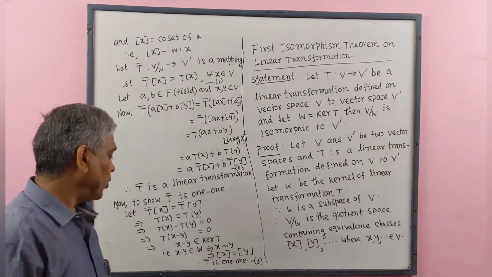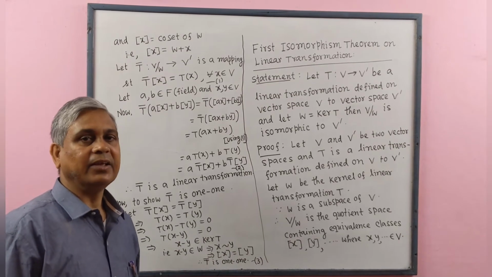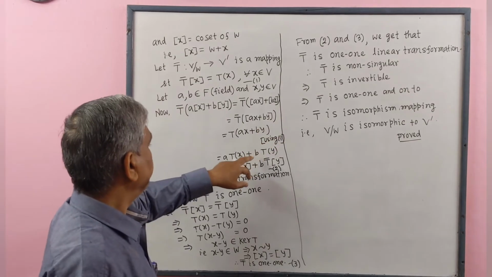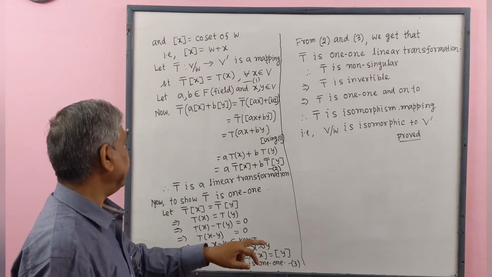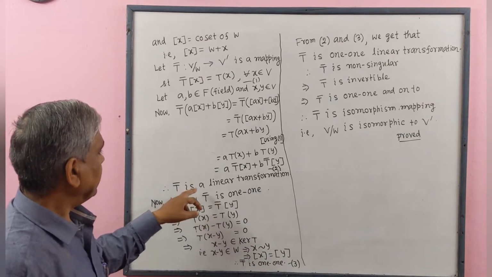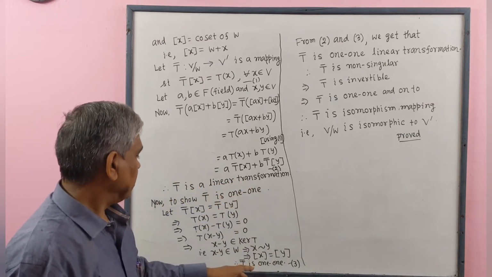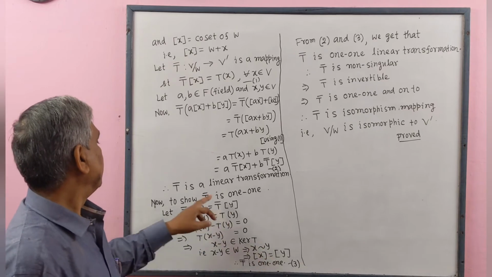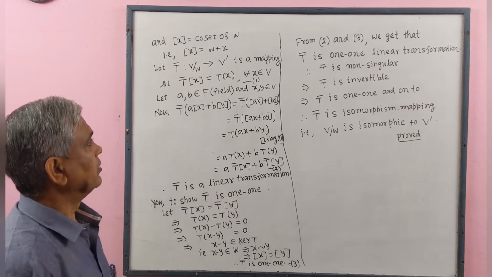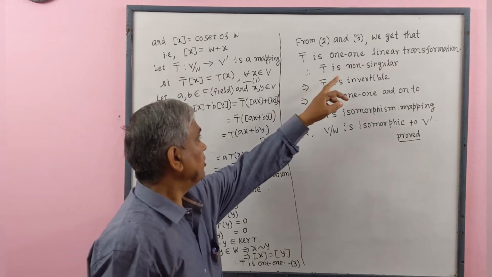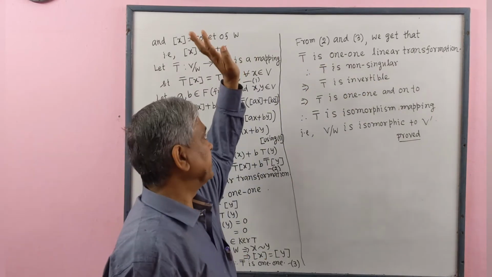That is one-one. This is number 3. From 2 and 3, we get that T bar is a one-one linear transformation.